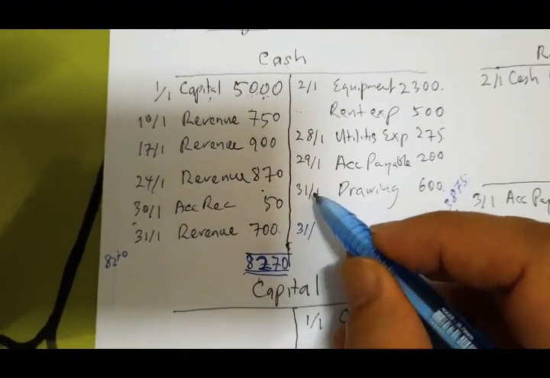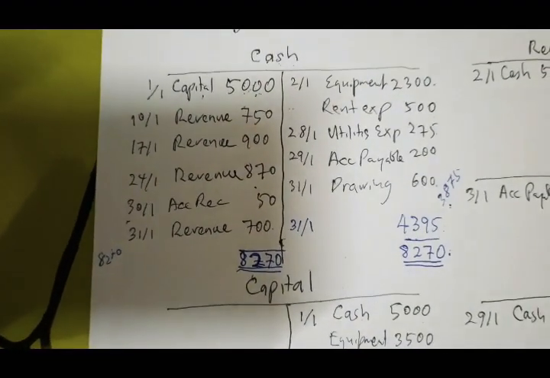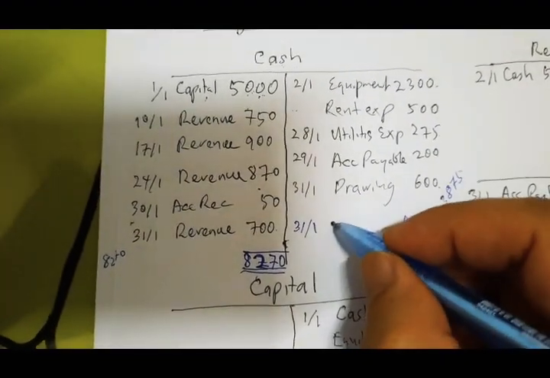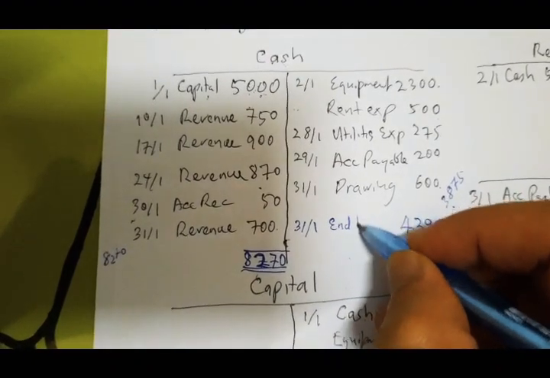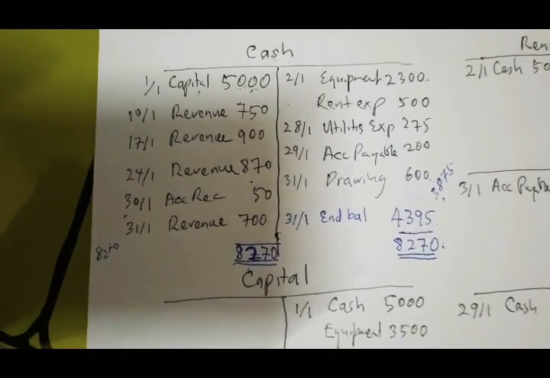The last day in this question is the 31st of January. So this is the ending balance of account cash for this business.